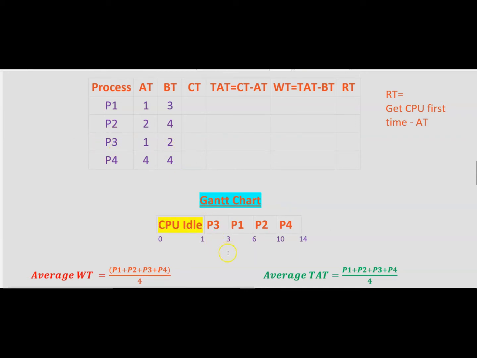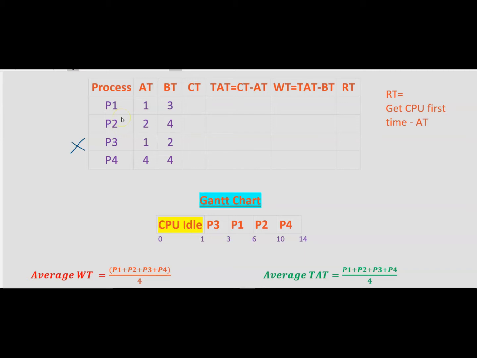Next, when we reach 3, you can see that P2 also got activated. Now I am left with P1 and P2. In the meanwhile, I am crossing out P3 because I am not going to consider P3 anymore. So I'm left with the processes out of which P1 and P2 are activated right now.